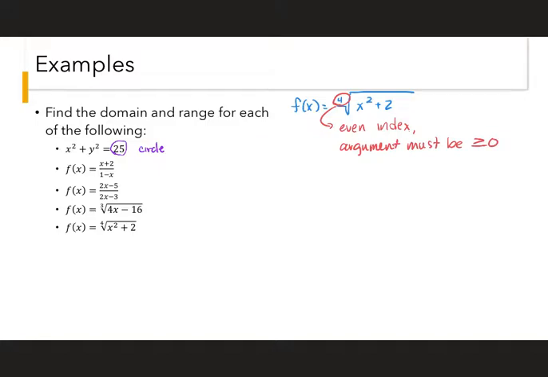So I'm going to take what's inside, so x squared plus 2, I'm going to set it greater than or equal to 0. So x squared must be greater than or equal to negative 2, so x has to be greater than or equal to plus or minus i root 2. Now if you get an imaginary number here, that means this is always true. I don't have to worry about it.